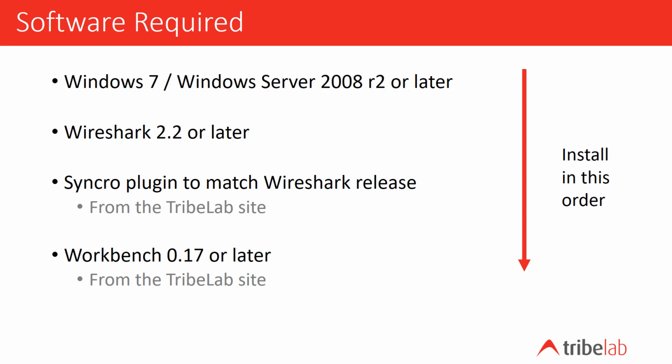And we're going to install the software in this order, in the order you see up here. In fact, I'm going to skip obviously the Windows installation, and we'll assume we have Wireshark 2.2 or later as well, but this would be the order I would suggest that you would install the software.